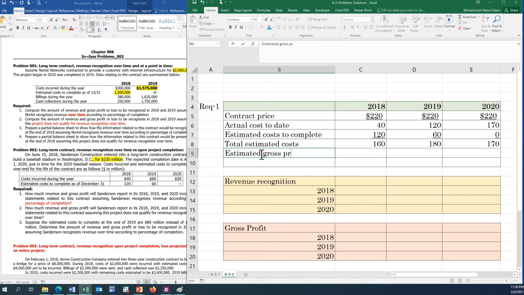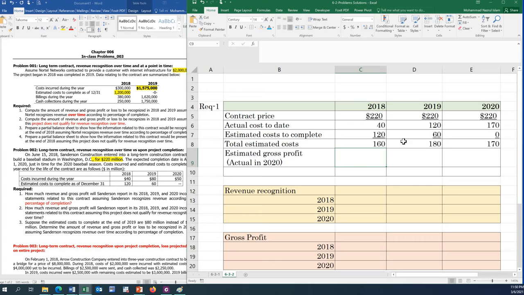And the estimated gross profit. But just the actual gross profit is in 2020, so just underline this one.